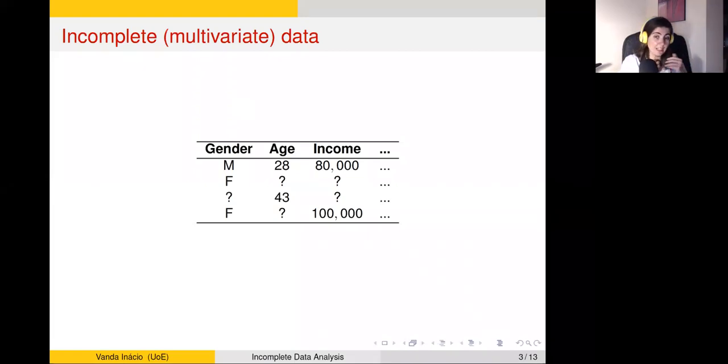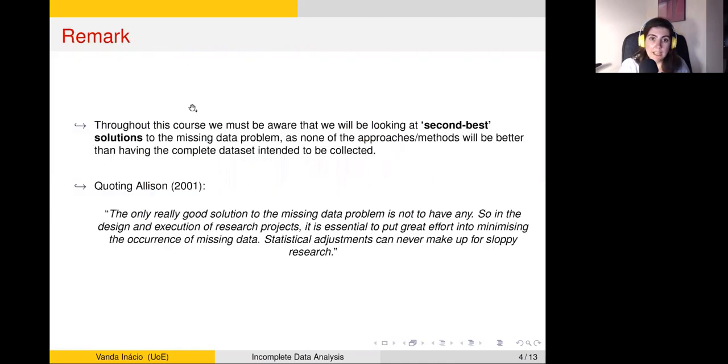And as we will learn in a few lectures, this approach of disregarding individuals with missing information does not lead in general to valid inferences and therefore should be avoided. And we should be aware that in this course we will be looking at second best solutions to the missing data problem, as none of the methods will be better than having the complete data set that was intended to be collected.